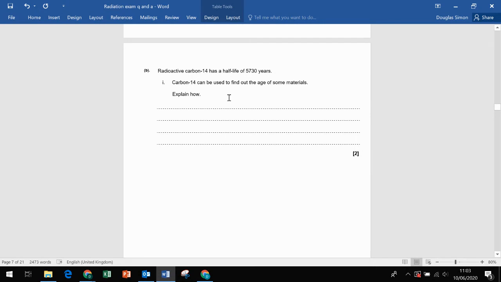Part B, radioactive carbon-14 has a half-life of 5,730 years. Carbon-14 can be used to find out the age of some materials. Explain how.